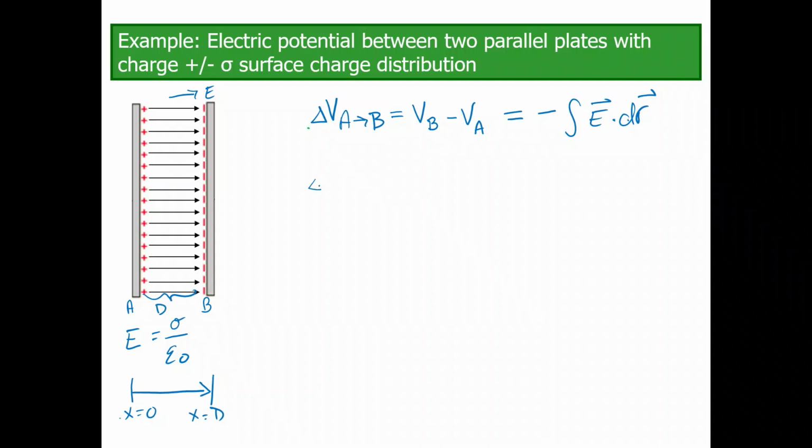So my delta V from A to B is going to be negative the integral from A, which is at a position of x equals 0, to B, which is at a position of D, of E dot dx.